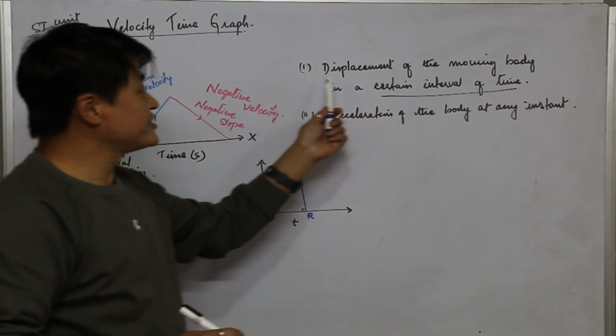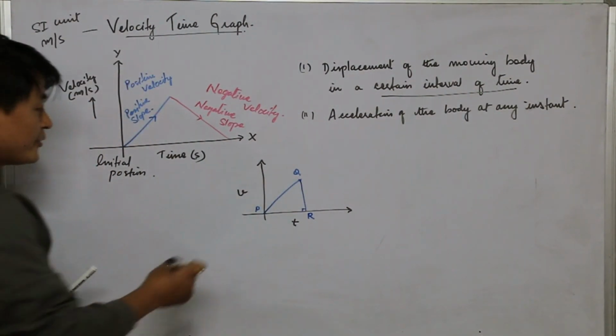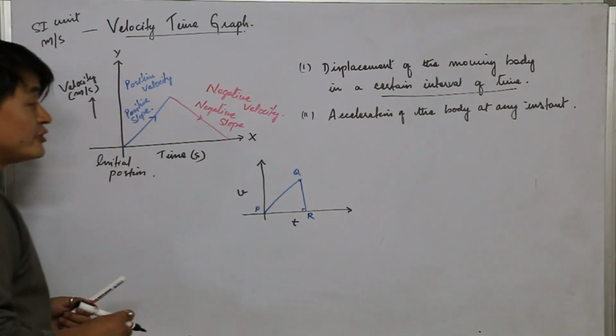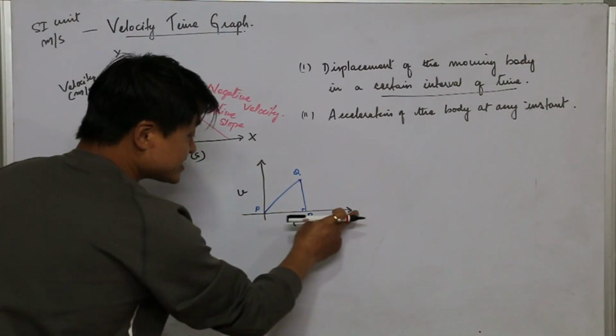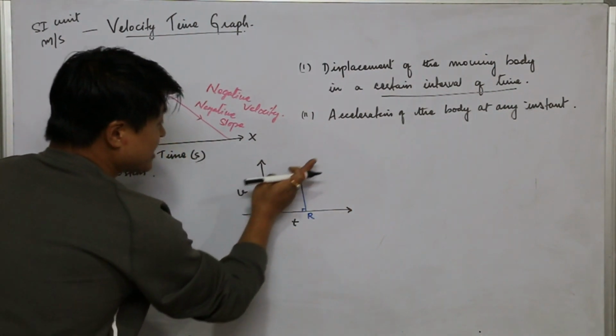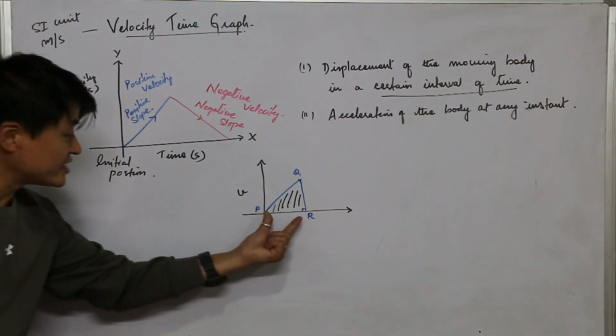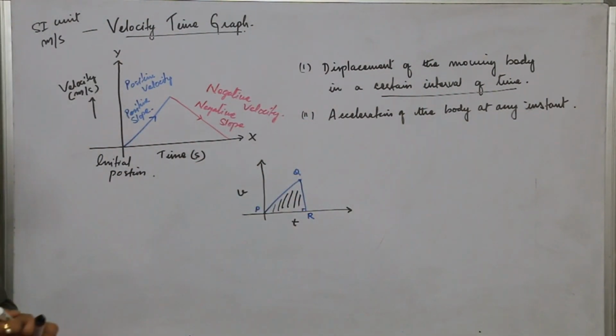Now if we have to determine the displacement or the distance traveled by a moving body from point P to Q, we have to find the area enclosed between the x-axis, that is the timeline, and the velocity time scale. By finding this area, we can determine the displacement of the moving body.